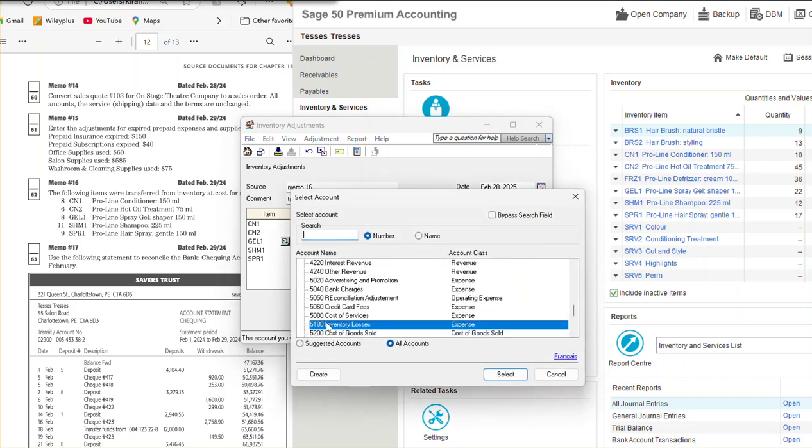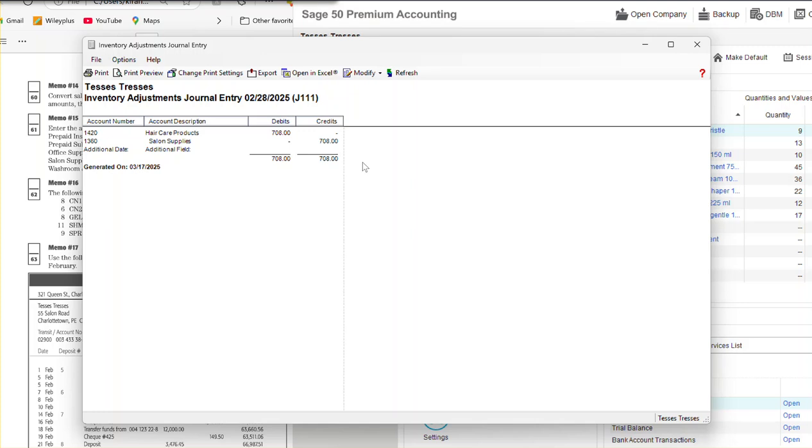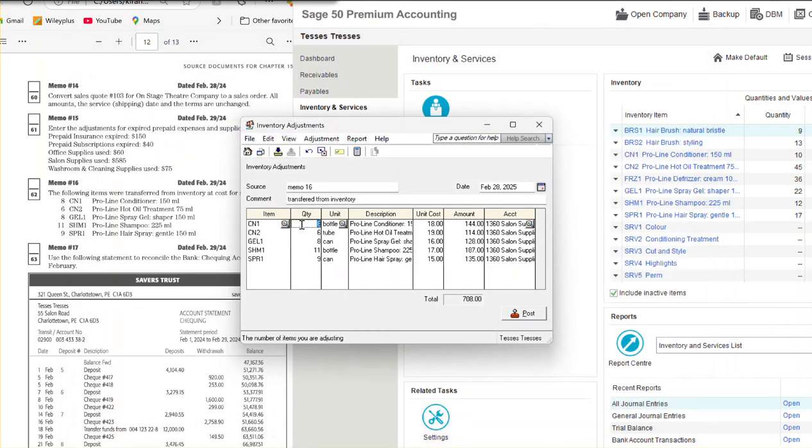I'm just going to add the 1360 first. It should be a debit to the 1360 account, and then the credit should be the other way around. I didn't do minus.